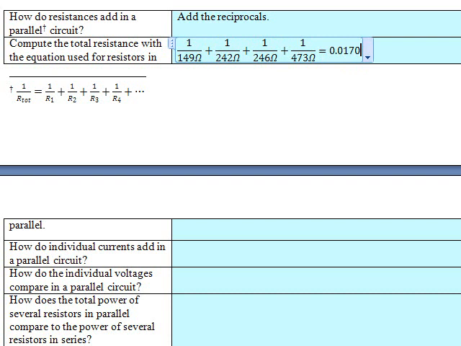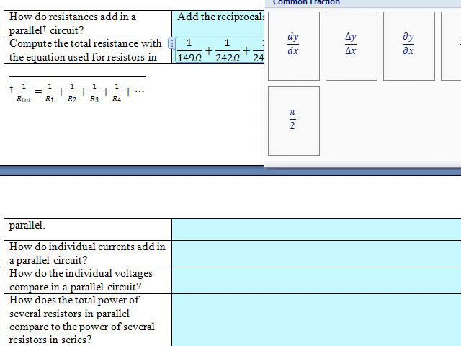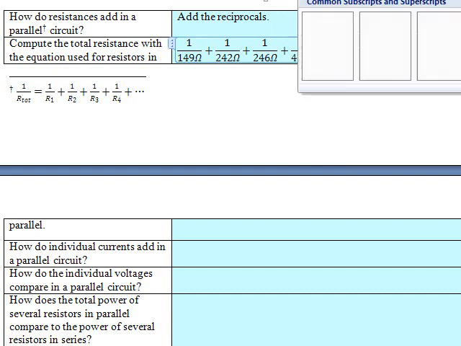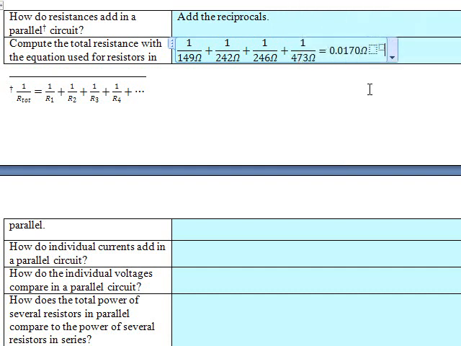0.0170. Notice that the unit is in the denominator though, so I'm going to do this ohms to the -1, because that indicates that it's in the denominator.